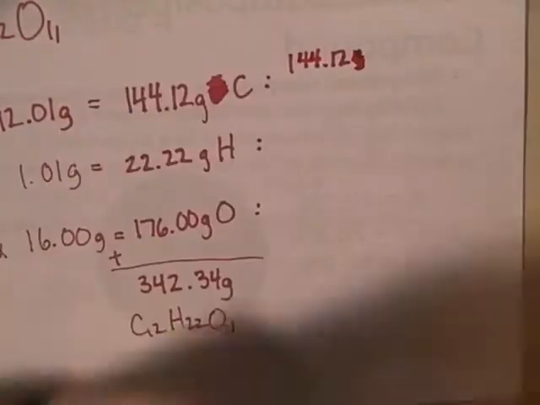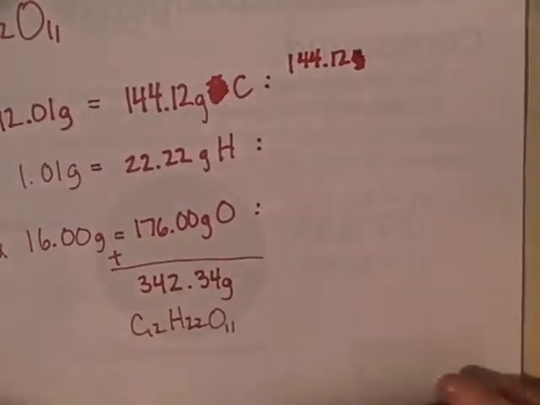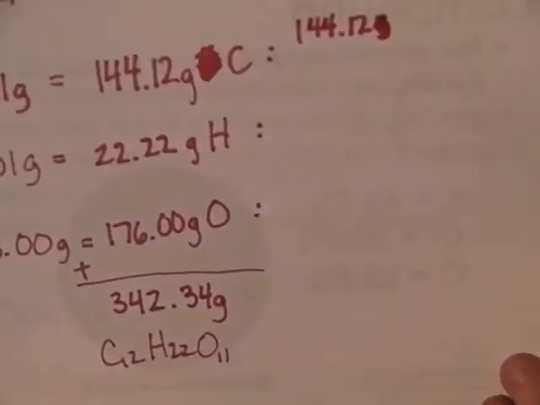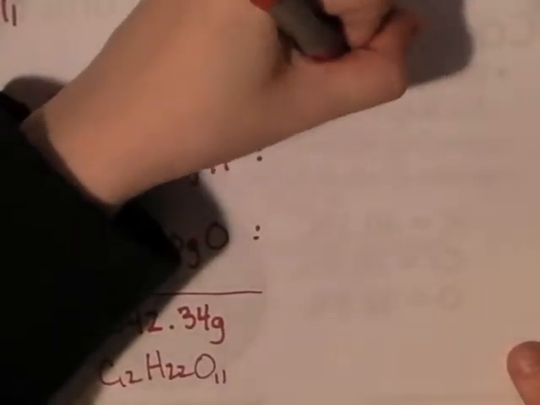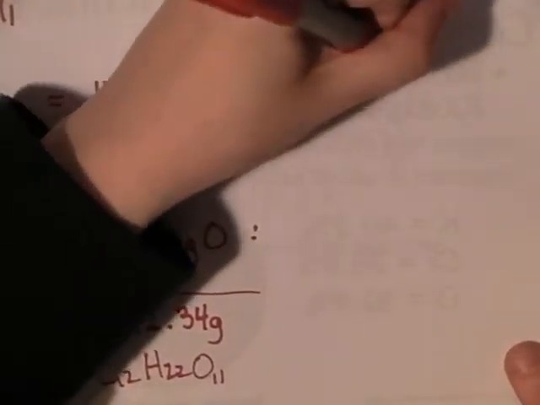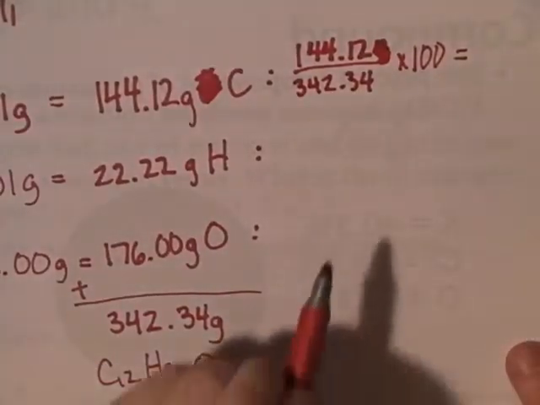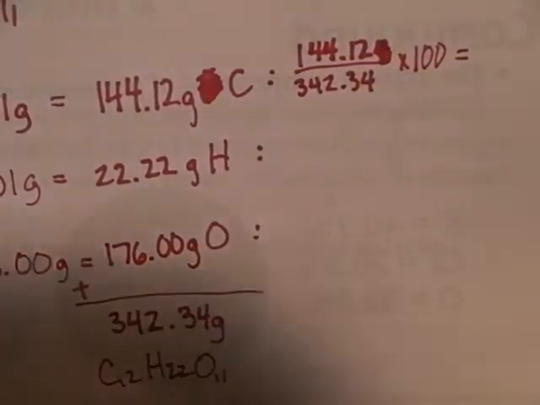And I'm actually not going to put the grams just to save space. So 144.12 divided by the total, which is what we just calculated down here, 342.34, and we're going to multiply that by 100. All right, and I'm actually going to set the rest of these up so we can just do all the math at one time.